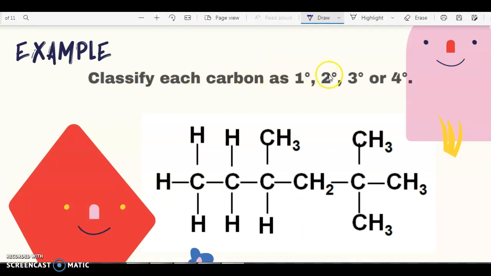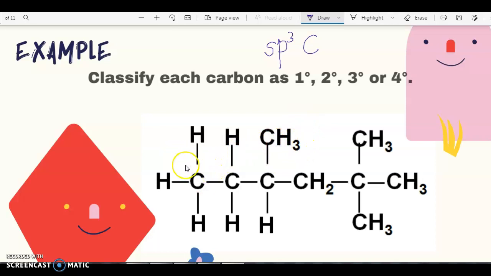Classify each carbon as primary, secondary, tertiary or quaternary. So first, we have to remember that only sp3 carbons are classified, which is carbon bonded with 4 single bonds. Here we have a total of 1, 2, 3, 4, 5, 6, 7, 8, 9 carbons, and all of these carbons are sp3 carbons because they only have single bonds, including the ones that are not shown. Even though it is not expanded, we check that the total number of single bonds is 4.